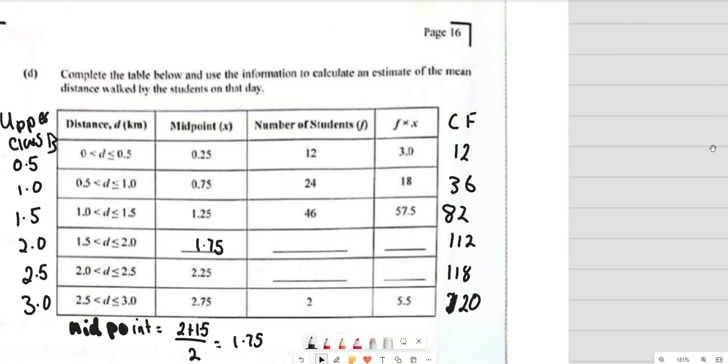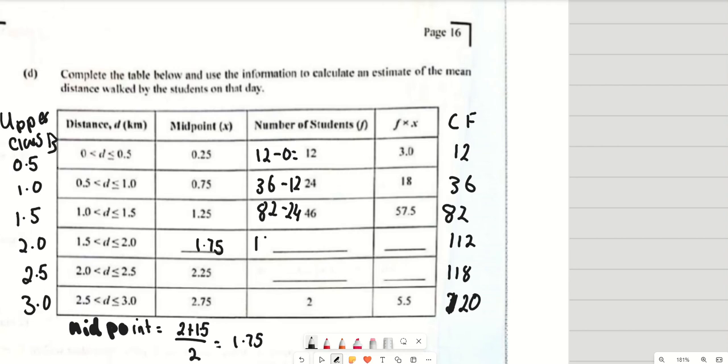So what we are going to do, for this boundary, your cumulative frequency minus 0 is equal to 12. Then this would be 36 minus your previous cumulative frequency, which is 12, which is 24. Then this would be 82 minus 36, which is indeed 46.